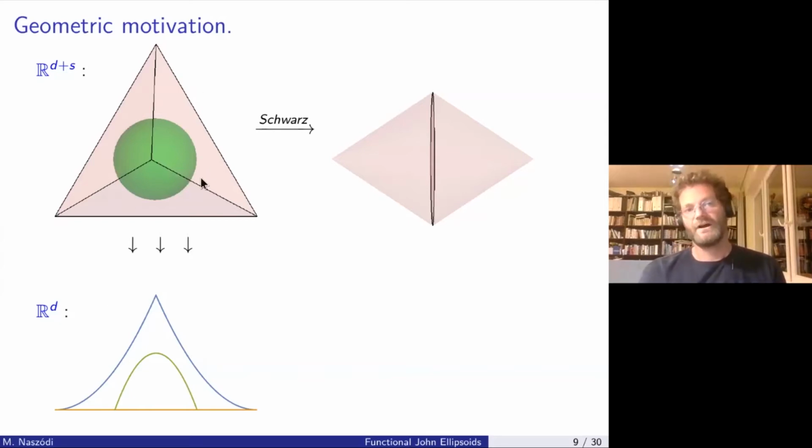Okay, so I started with some convex body up here in R^(D+S), and I got a much nicer convex body, the Schwarz symmetral, which is now symmetric about R^D.